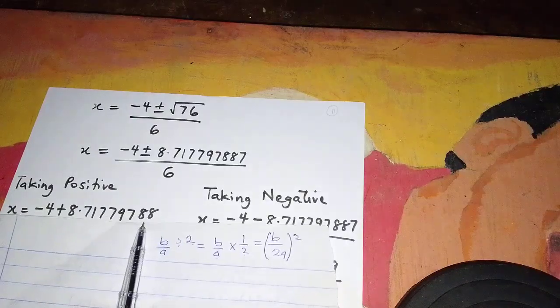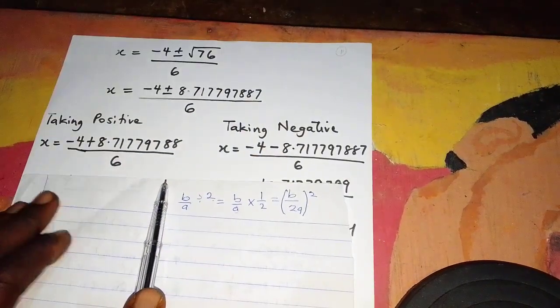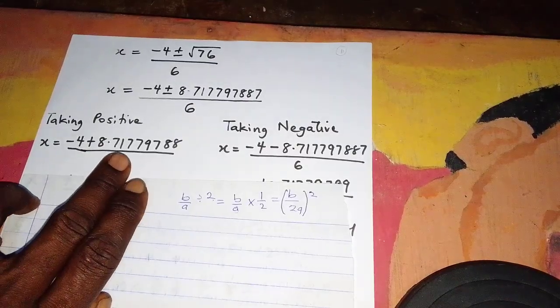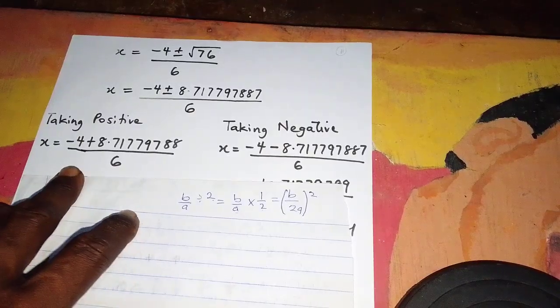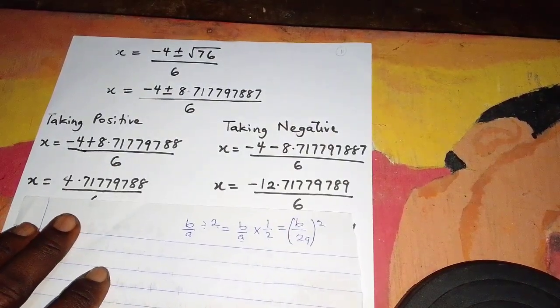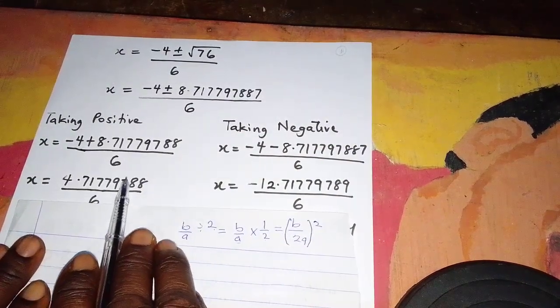So you now take positive, take the signs one after the other. So x is equal to minus 4 plus 8.71779788 over 6. So minus 4 plus 8.7 will give us what? 4.718779788.